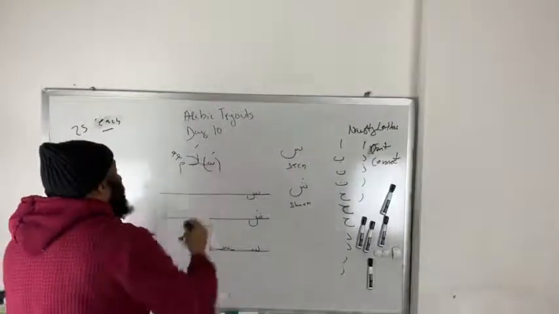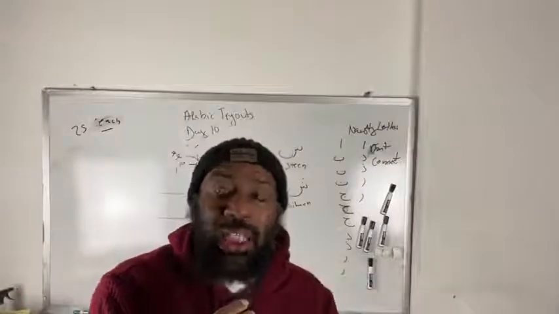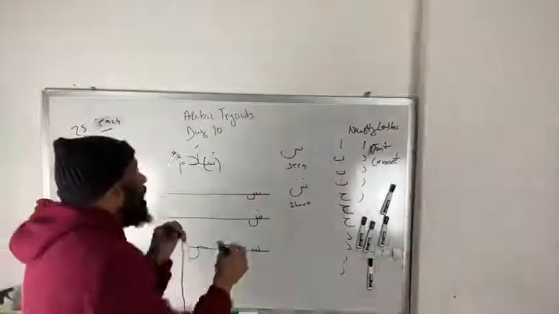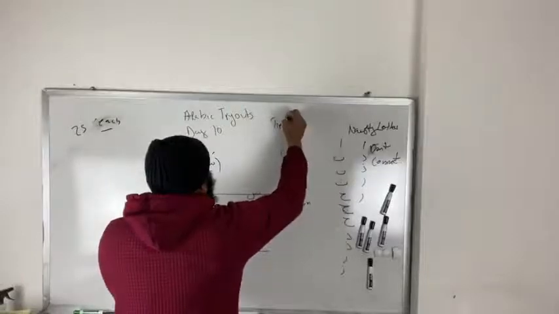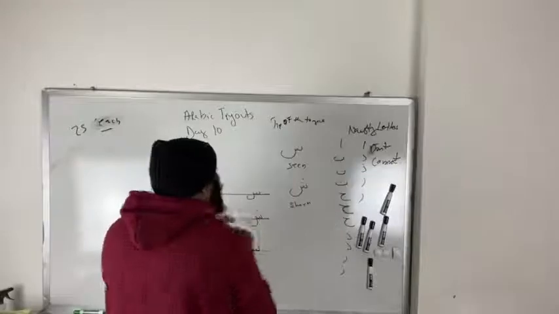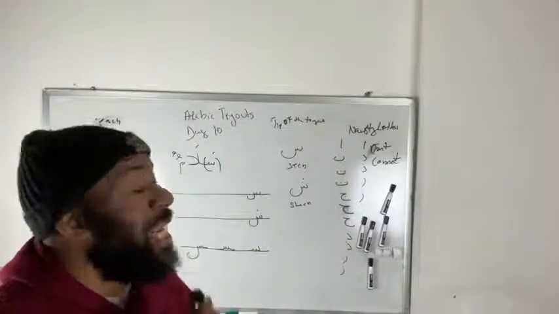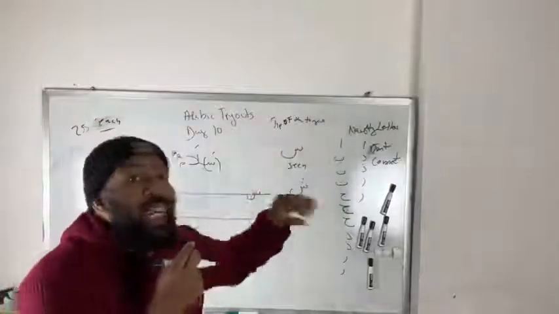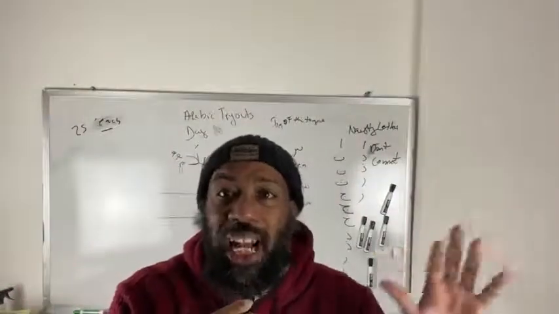Where does the Seen come from? The tip of the tongue. What is the inherent quality of the Seen? We say it comes from where? The tip of the tongue, touching what? At the front top palate. Seen.